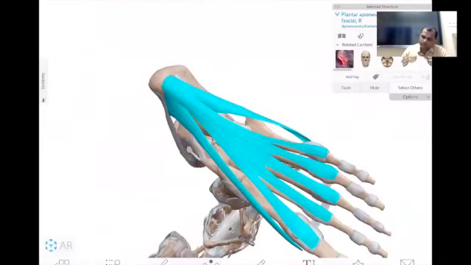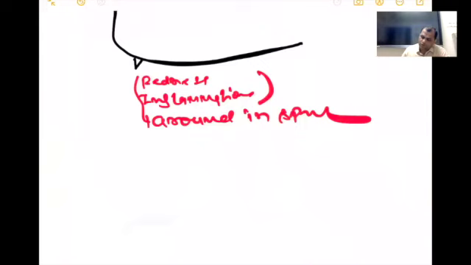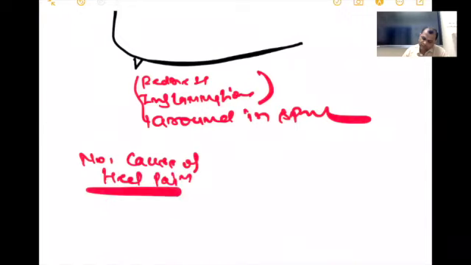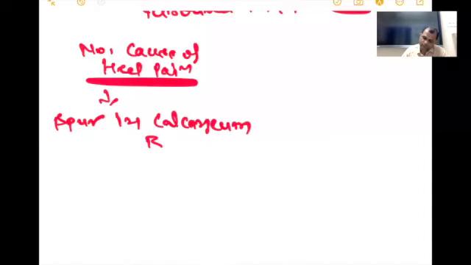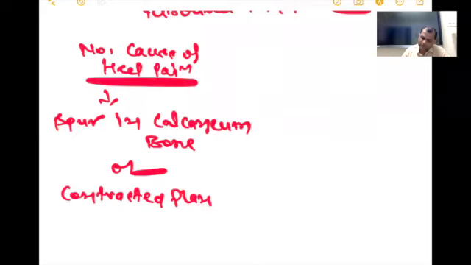So we can keep both causes under one. Number one cause of heel pain is spur in the calcaneum bone or contracted plantar fascia.